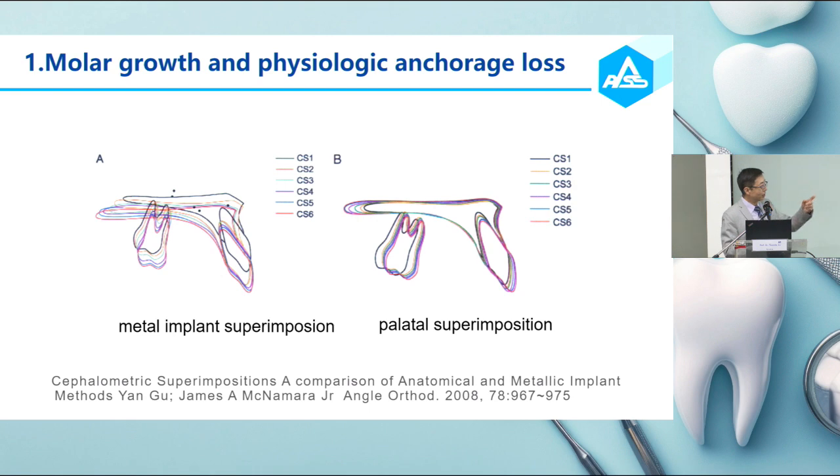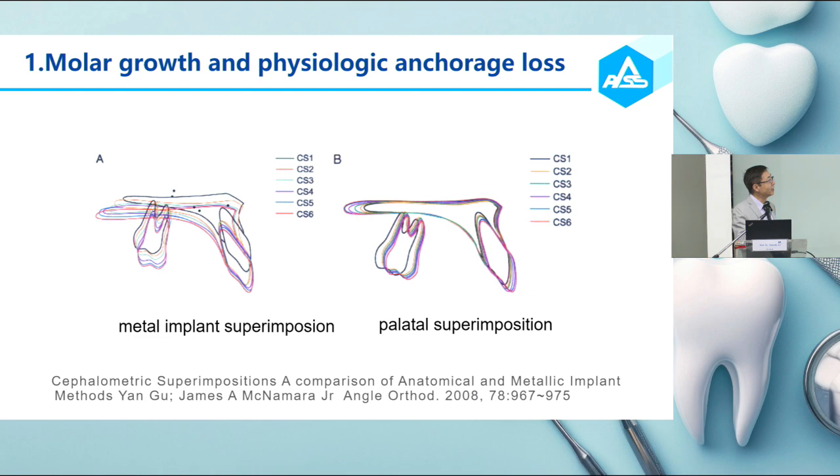They published it in 2008. They compared two superimposition methods, one on the implants, metallic implants, another on palatal plane. They used the American longitudinal growth sample with metallic implants. Same individual.